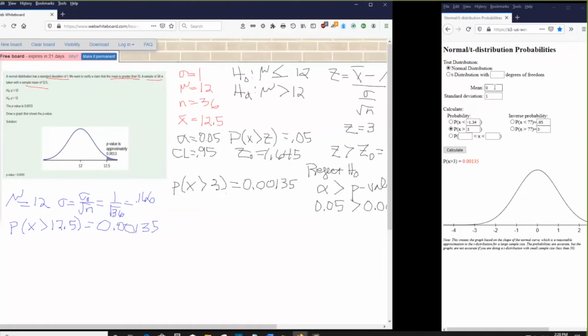So let's see what that looks like. If I put in the mean of 12 and a standard deviation of 0.166 and ask what is the probability X is going to be greater than 12.5, get rid of all of these extra numbers.